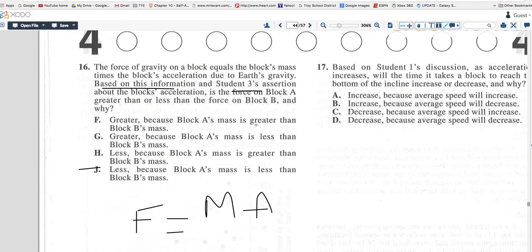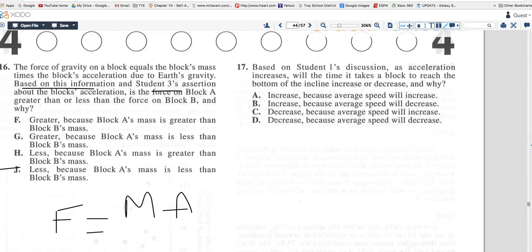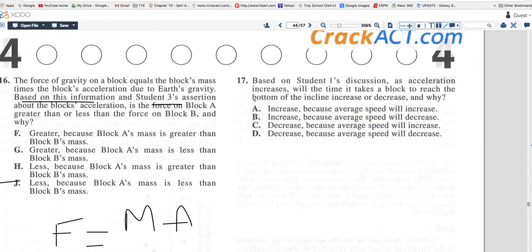Alright, 17. What do I underline? Let's see. Varun, give 17 a shot. So you underline student 1 discussion and acceleration increases.